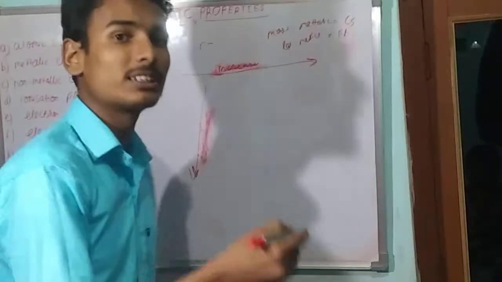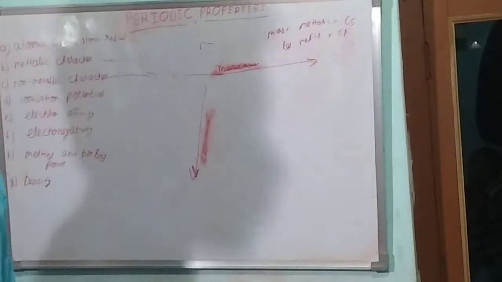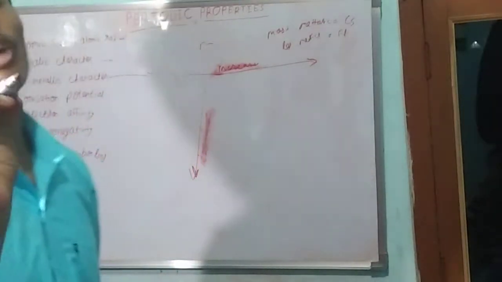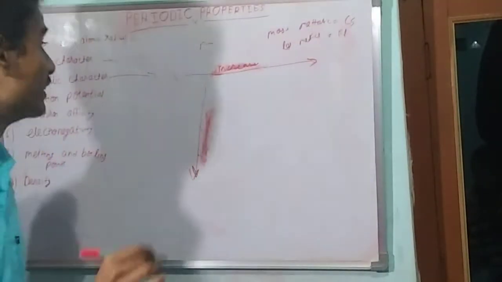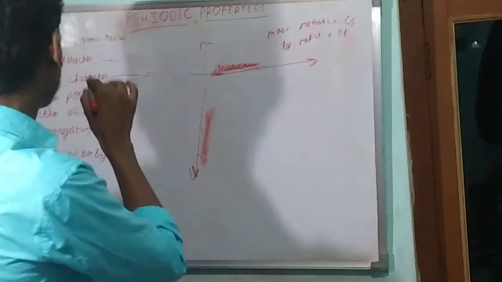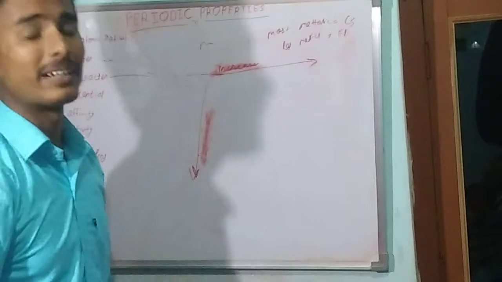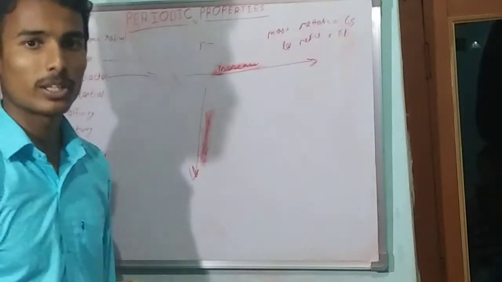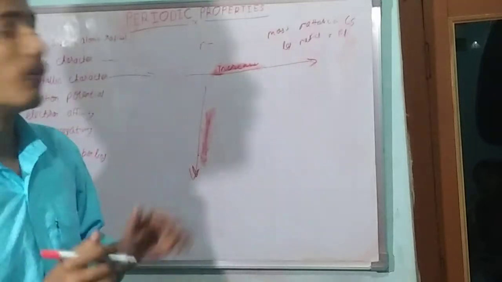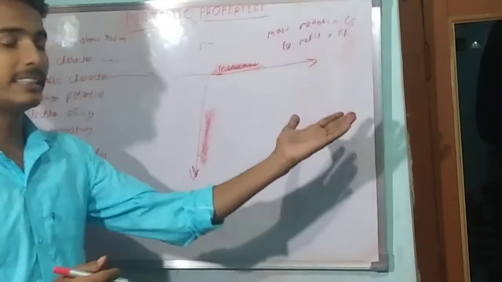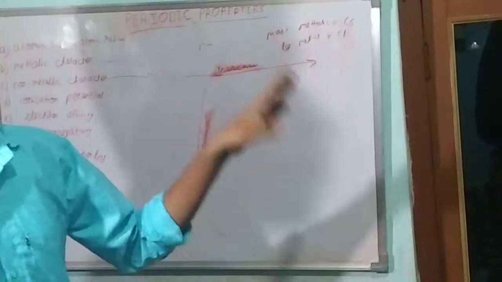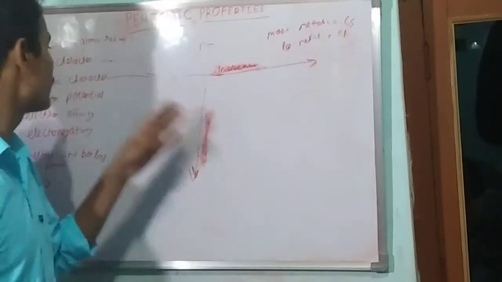This gaining of electrons is non-metallic character. Gaining electrons and completing its octet or duplet is non-metallic. That's why across a period non-metallic character increases. If anybody asks you why, you can simply say because nuclear charge increases.